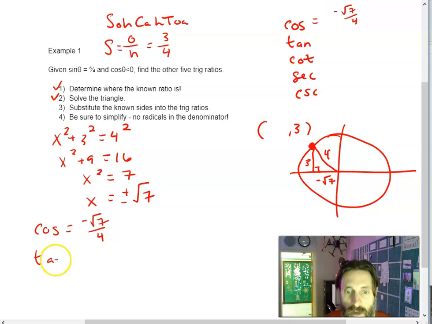Tangent is opposite over adjacent. Opposite, again, here in this example is 3. Adjacent is negative square root of 7. Yikes, that's not good. I've got a radical in the denominator. So I need to cancel that radical out. And I can do that by multiplying 3 over the negative square root of 7 by 1.